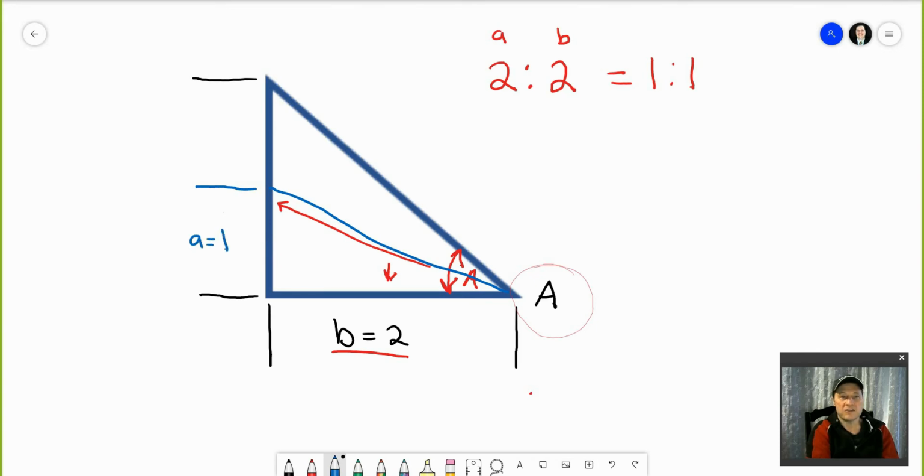Okay, so let's say I split this in half and I draw a line right at the midpoint and then back to the vertex. A, now this height now equals 1, which changes my ratio. My ratio is now 1 to 2, which equals a half, right? 0.5.